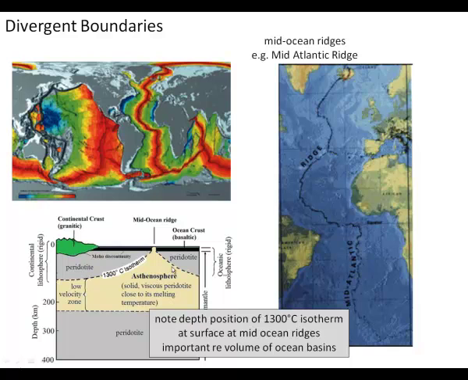And of course, what that hot, buoyant material is doing is then going to be relatively elevated compared to the older crust, and that's going to control then the volume of water that can be held in the ocean basins. If the level of activity at the mid-ocean ridges is reduced, then there's less hot, buoyant magma injected into the system.